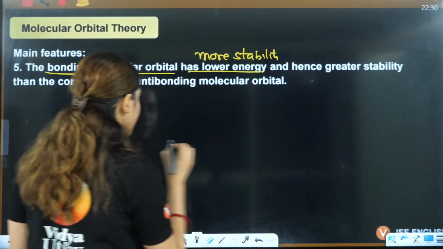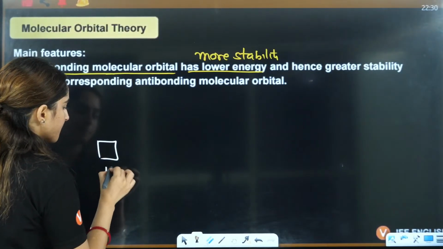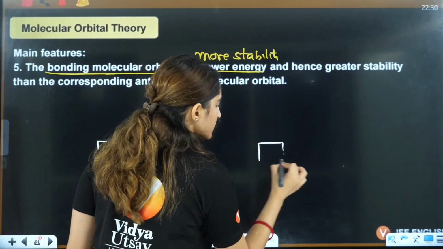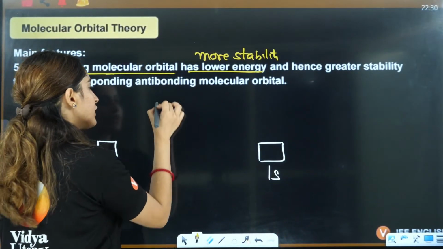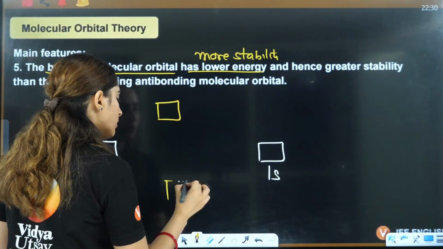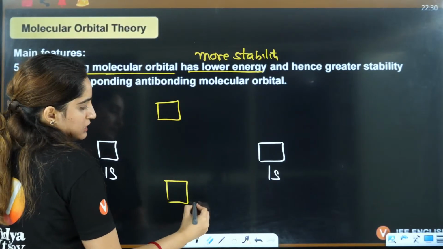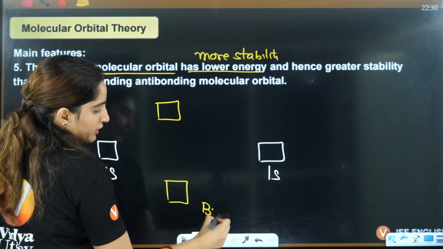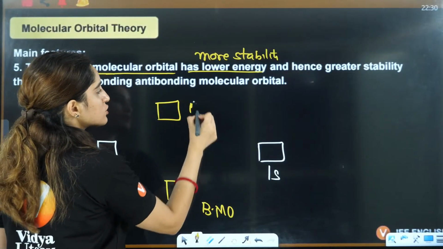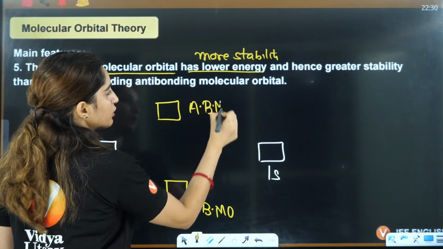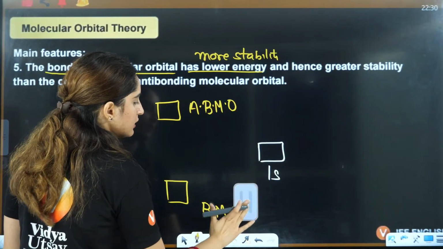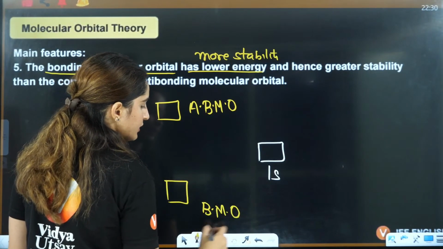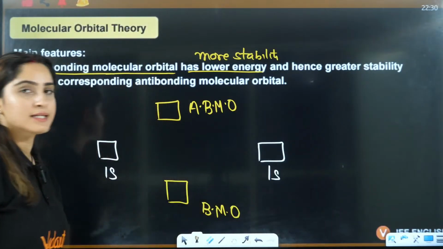So, what is happening here? This is 1s. This is 1s. They are combining. They are giving you two molecular orbitals. This is your bonding molecular orbital. This is your anti-bonding molecular orbital. Is it clear in your head, everybody? Right?